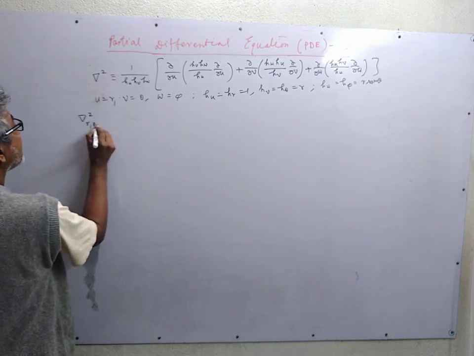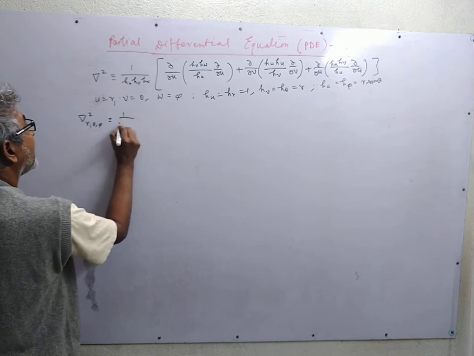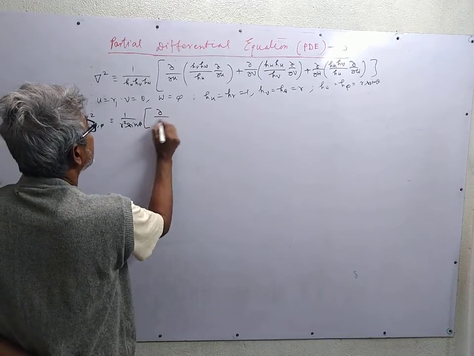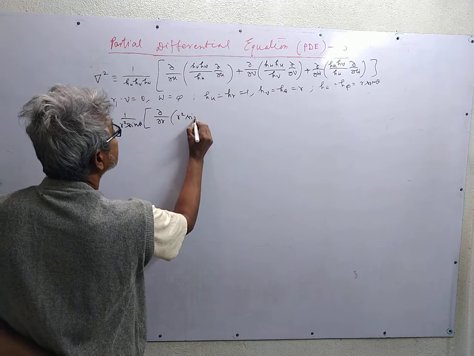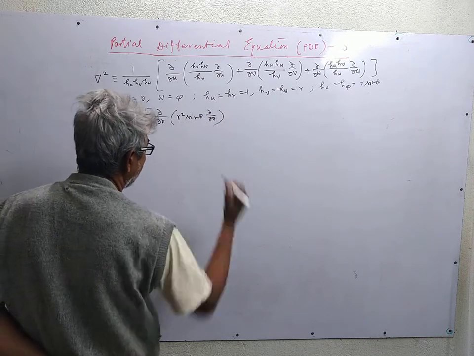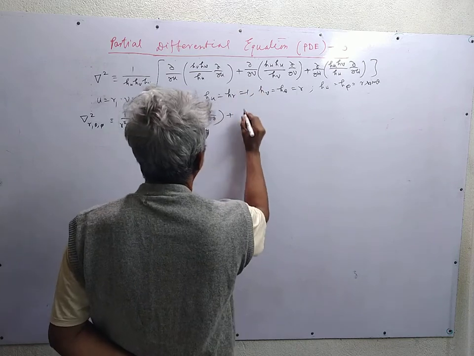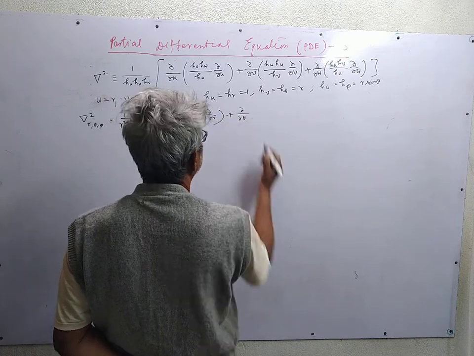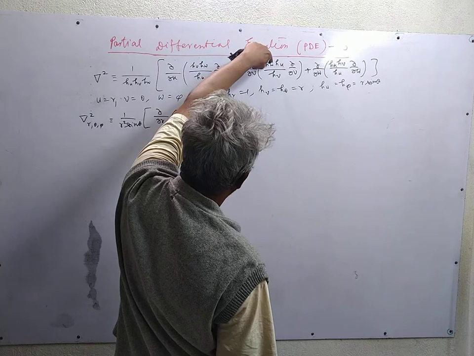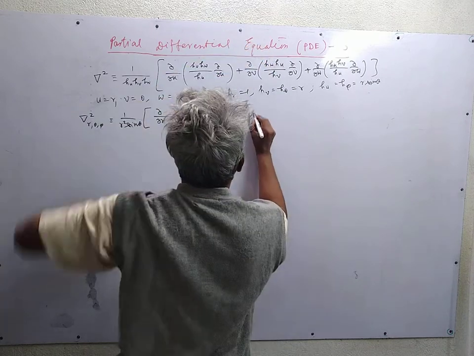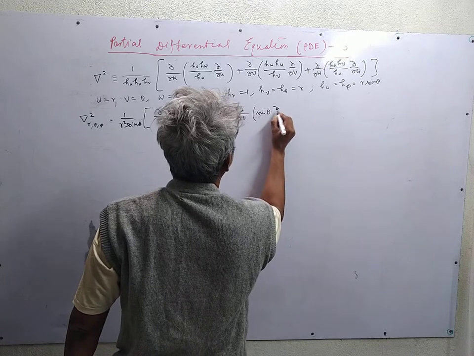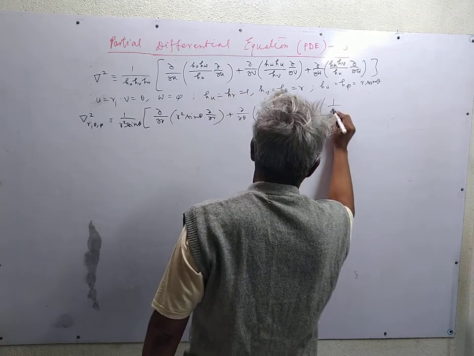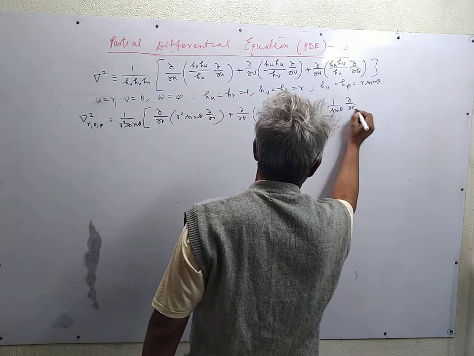in r, theta, phi coordinates becomes 1 by r square sin theta, del r of r square sin theta del r, plus del theta of r sin theta by r, so this is sin theta del theta, plus del phi of 1 by sin theta del phi.